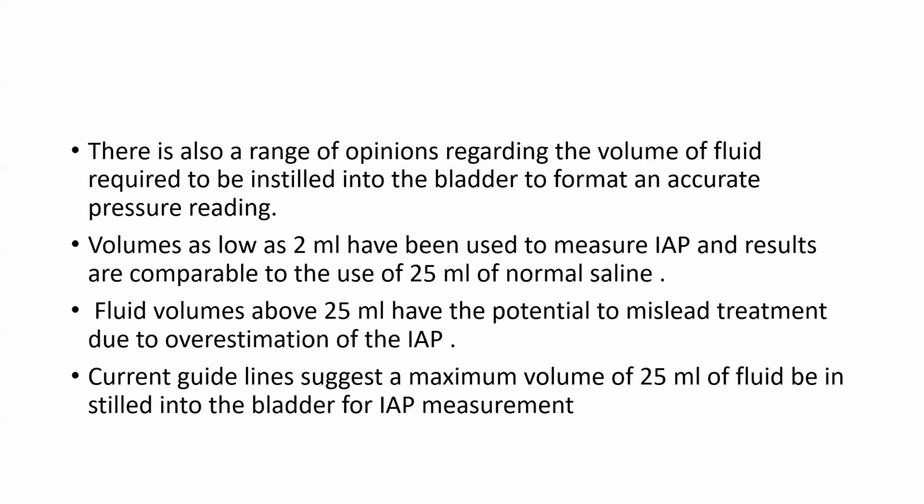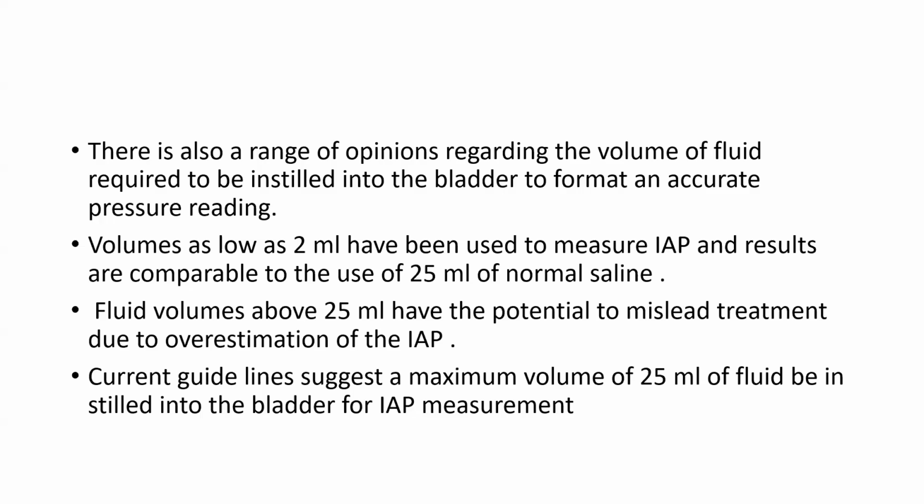There is also a range of opinion regarding the volume of fluid required to be instilled into the bladder to form an accurate pressure reading. Volumes as low as 2 ml have been used to measure intra-abdominal pressure, and results are comparable to the use of 25 ml of normal saline. Fluid volumes above 25 ml have the potential to mislead treatment due to overestimation of intra-abdominal pressure.